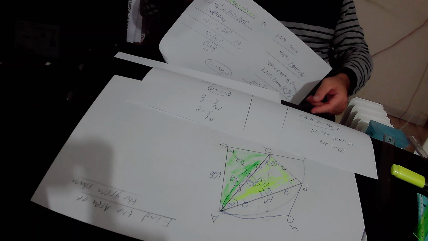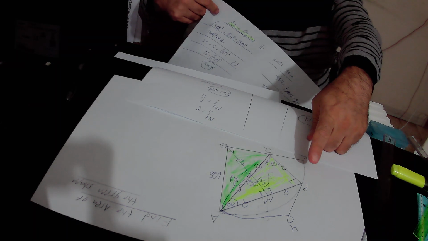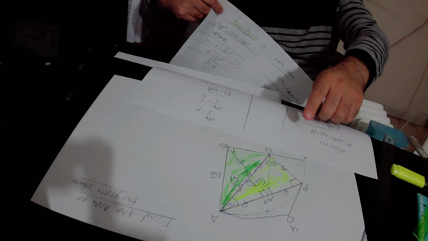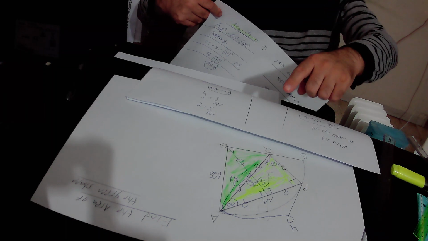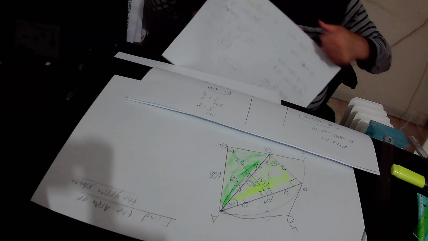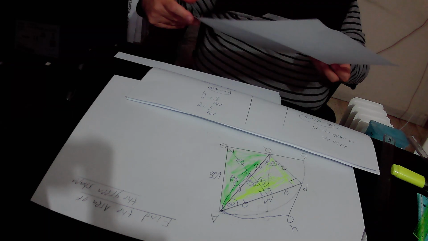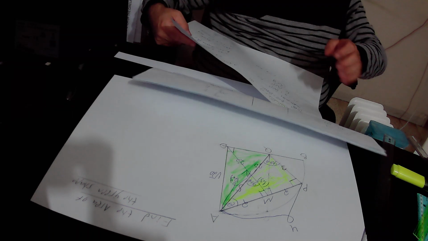AP equals 4 units, therefore we substitute AP by 4, and AM equals 2 units, and it is equal to PQ.